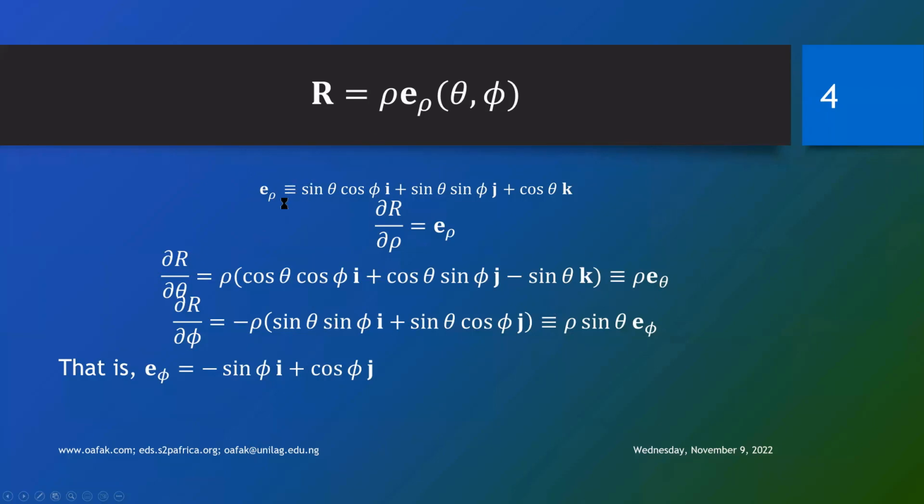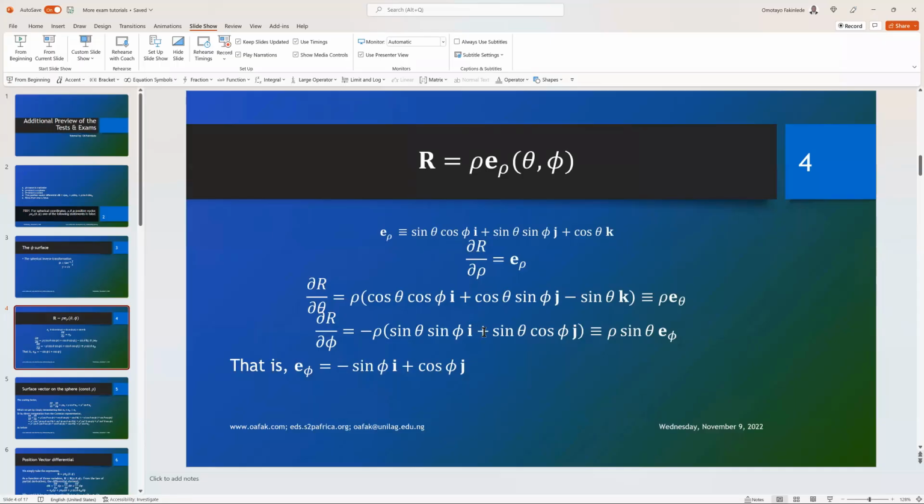If you differentiate the same thing with respect to phi, because this is cos phi, you are going to get minus sine phi. So that's why there's minus sine phi here. If you differentiate this again with respect to phi, you are going to get cos phi. So there is an error here; let me just correct that quickly.